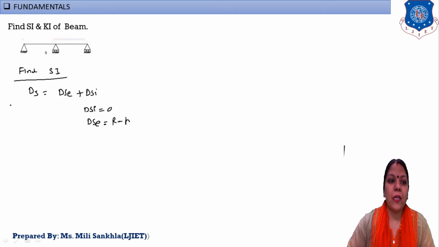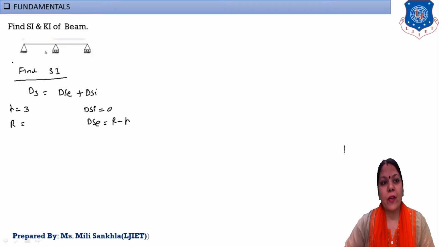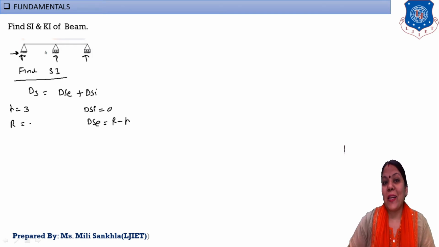Here no internal hinge, so r is equal to 3 and capital R is equal to number of support reactions that we find out. First is hinge 1 2, roller support 1, roller support 1, 1 2 3 4. Capital R is equal to 4. Write down 4. Then DAC is equal to capital R 4 minus 3 is equal to 1.